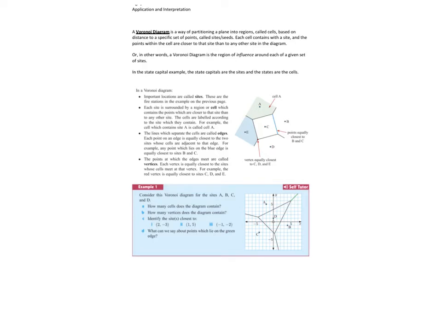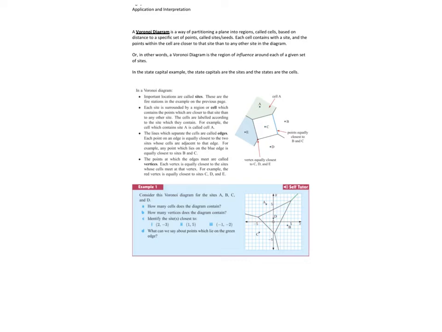So every cell contains a site, and the points within the cell are closer to that site than to any other site in the diagram, right? So it's about saying, I want to create these regions that are closer to one point than they are to any other point. Another way to say it is a Voronoi diagram is a region of influence around each of the given set of sites.